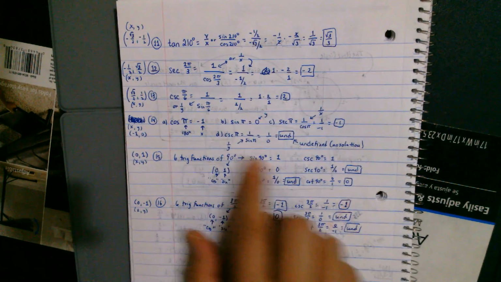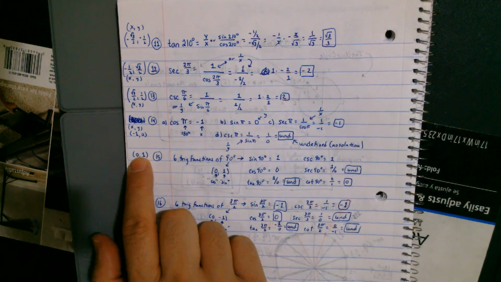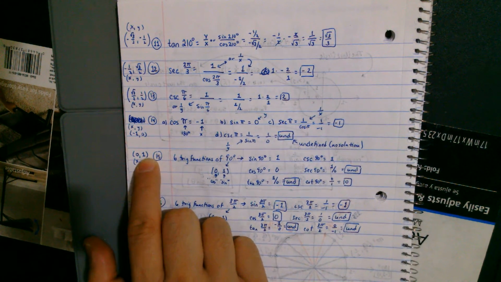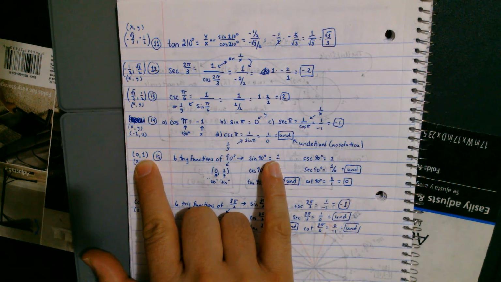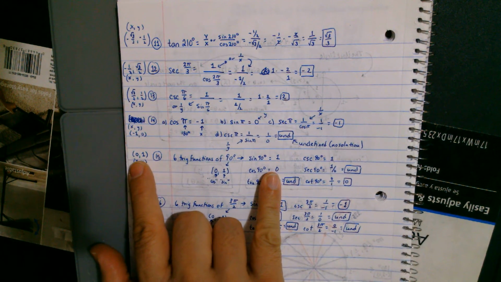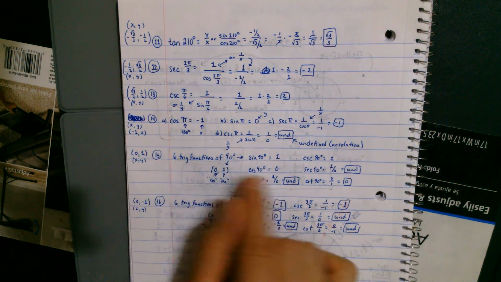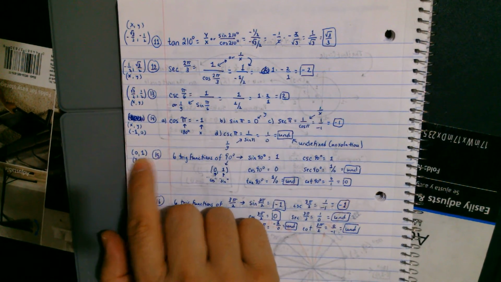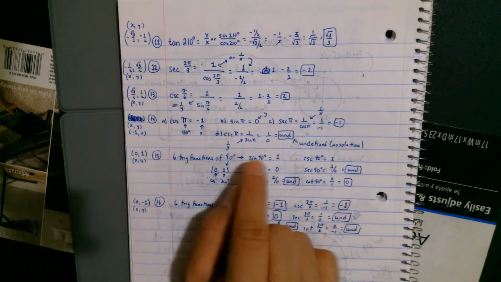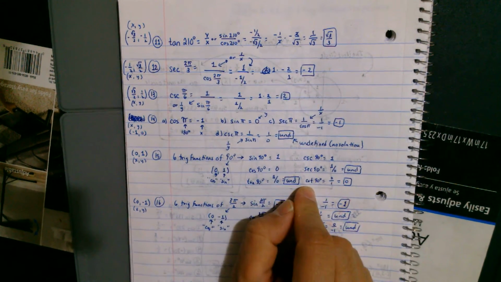What if I want the 6 trig functions of 90? 90 lives on the point 0, 1. Sine of 90 is the y value, the second number. Cosine of 90 is the x value, the first number. Tangent is y over x, or the sine over cosine, so 1 over 0, which is undefined.